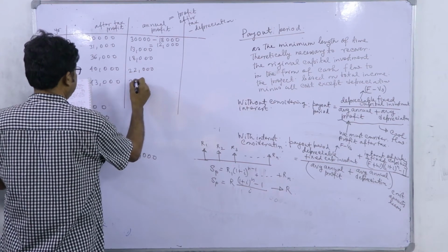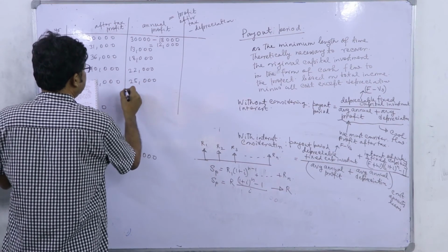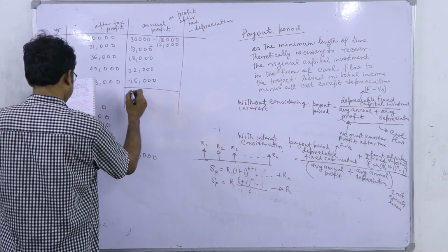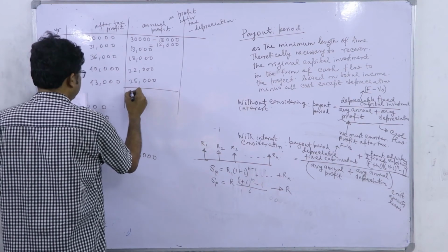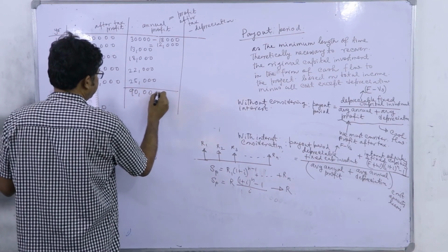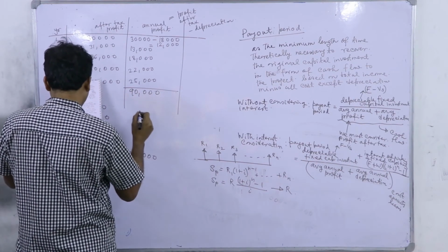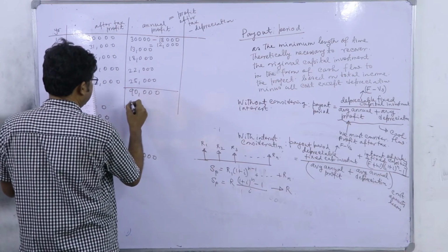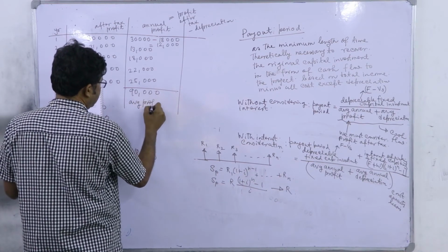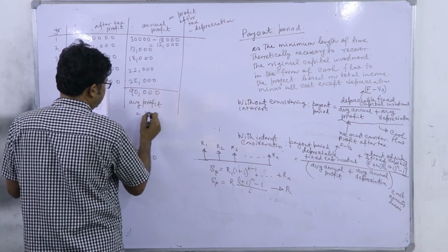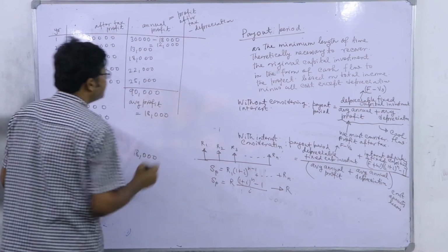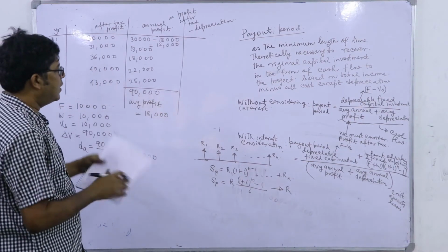And here it is 25,000. So, if I sum it up, it is coming to be 90,000. So, the average profit is 18,000 per year.